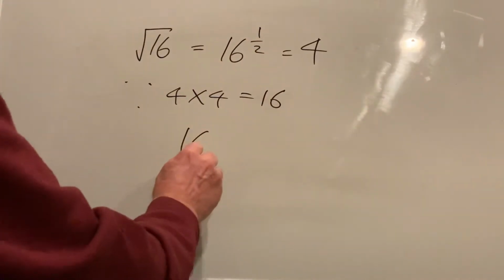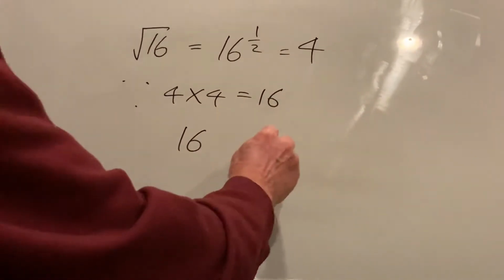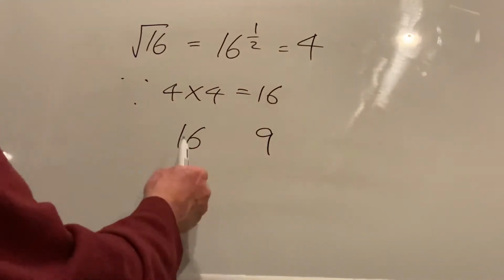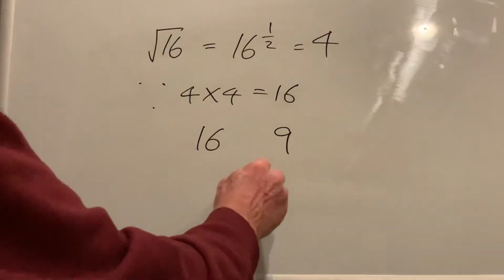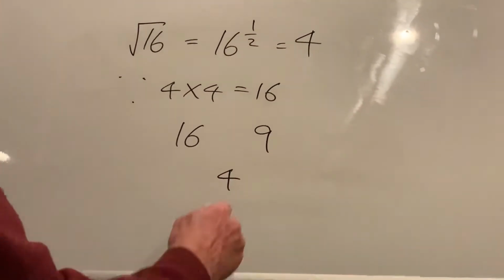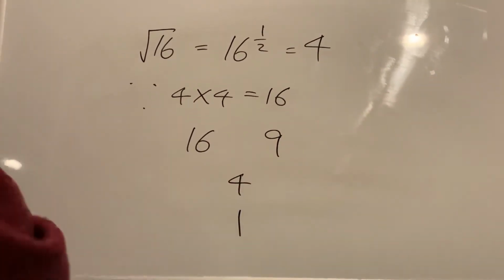So 16 is a square number. 9 is a square number. 4 4s are 16, 3 3s are 9. 4 is a square number. 2 2s are 4. 1 is a square number, because 1 times 1 equals 1.